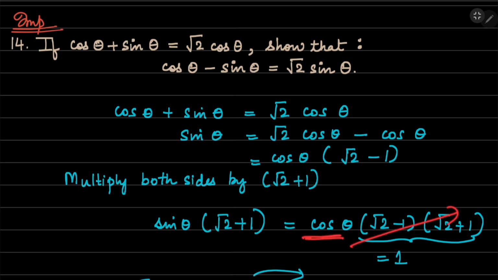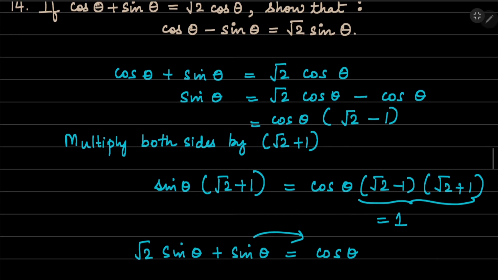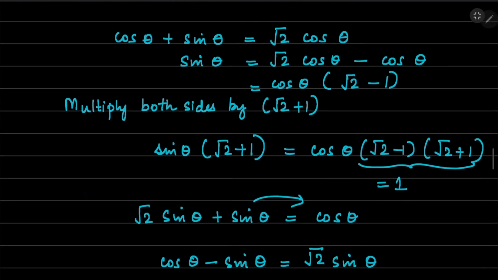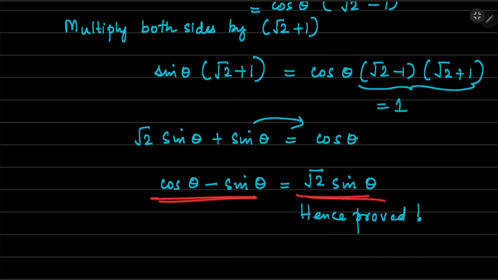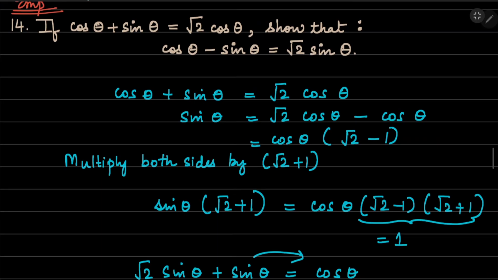What you're left with is just cos theta. And because you're multiplying both the sides with root 2 plus 1, you are getting root 2 sin theta plus sin theta. So sin theta you will just take to one side, because you need cos minus sin equal to root 2 sin theta. So just do it once, and I'm sure you'll be able to solve it yourself.